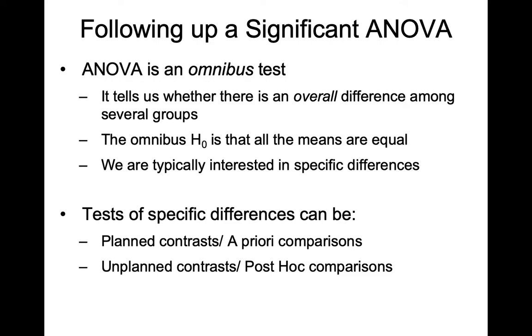But after collecting the data, a researcher might say, but let me test it out. Let me figure that out. So if there's no planned hypothesis in advance, but we just want to explore the data, that's an unplanned or a post hoc comparison. And those two things are treated differently in statistical testing, which I'll elaborate on in just a little bit.